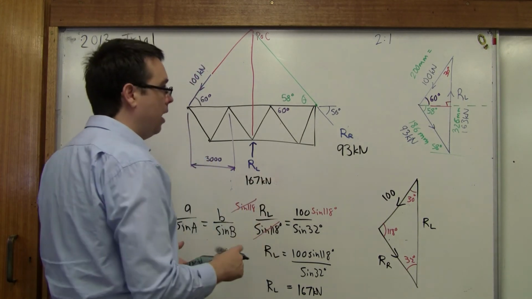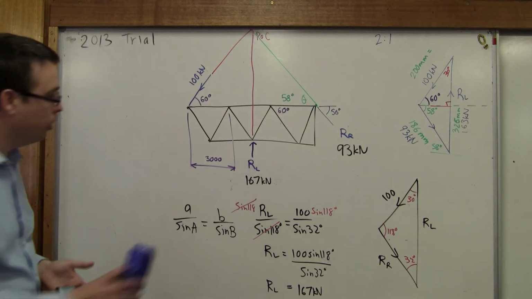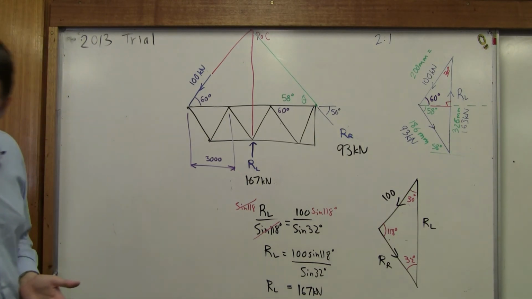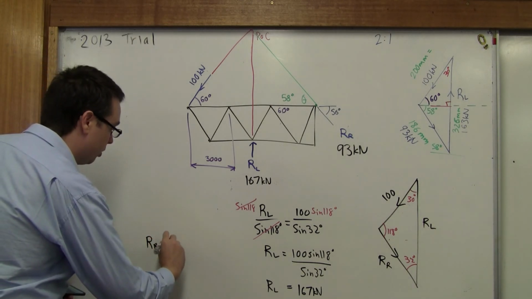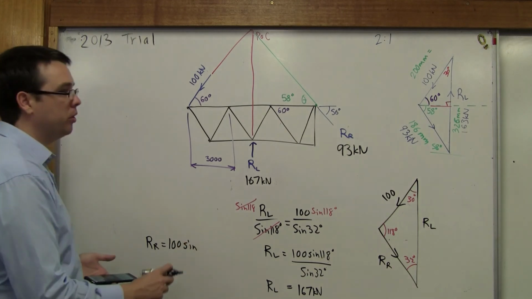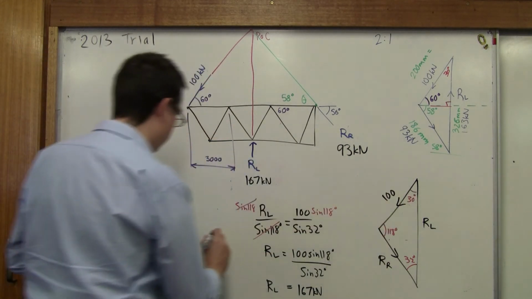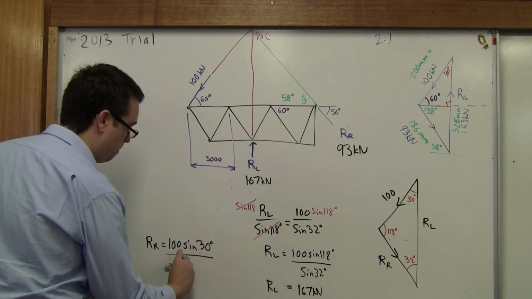Right? And then, if we do RR, using that same method, we can say that RR equals 100 sine. Now, what's the angle that corresponds with RR? 30 divided by sine 32.